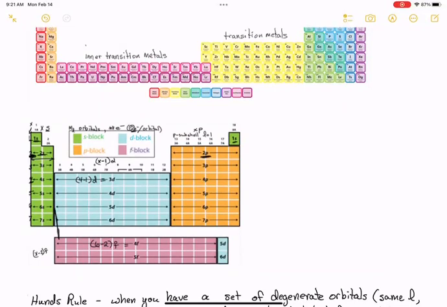If we read the periodic table from top left and then down, it's the 1s, 2s, 2p, 3s, 3p, 4s, 3d, 4p, 5s, 4d, 5p. All I did was read left to right, top to bottom.